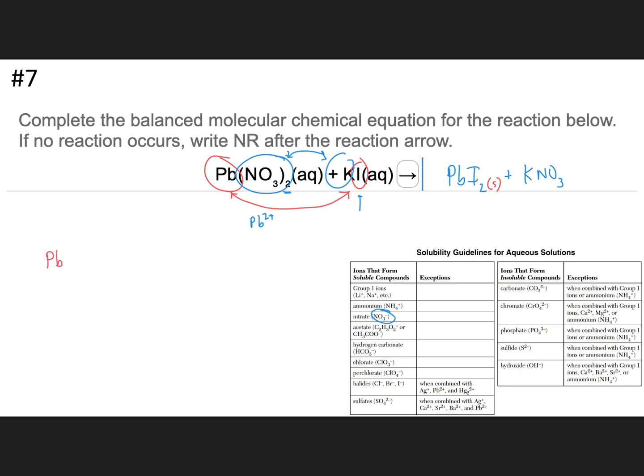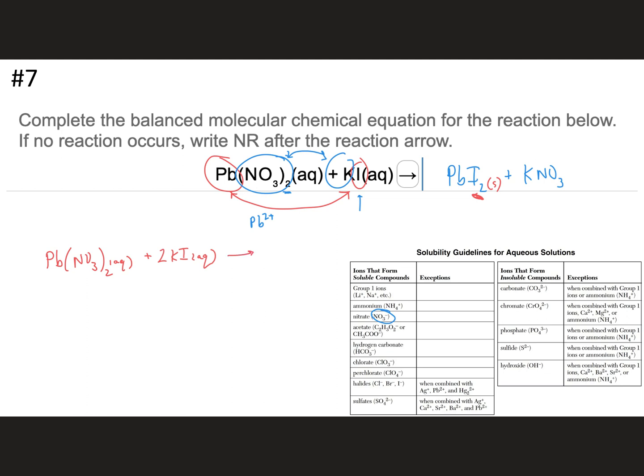So I've got lead 2 nitrate, which is aqueous in solution. That's going to react with 2 potassium iodides, which are also aqueous in solution. I need 2 potassium iodides because I need 2 iodine to balance out lead 2+.